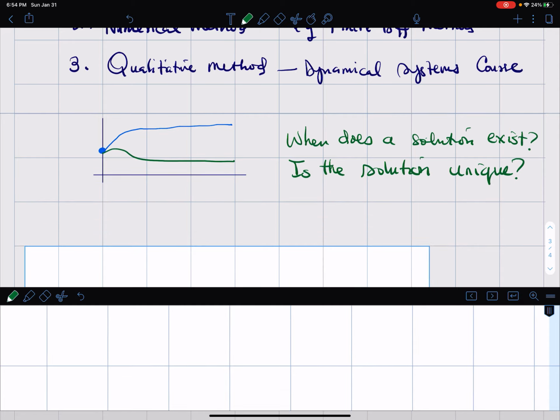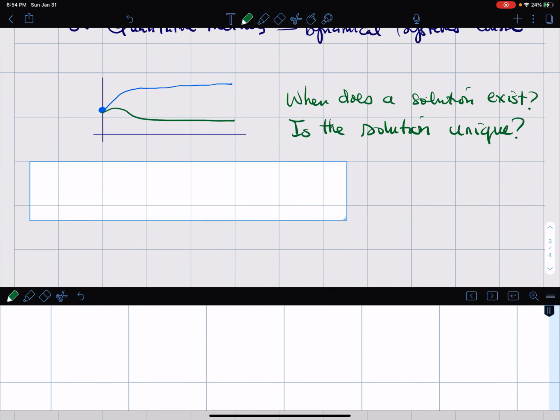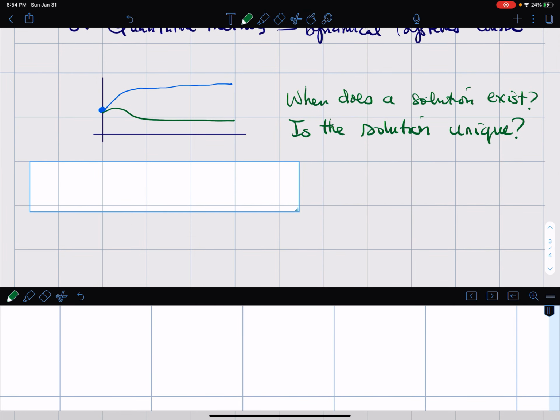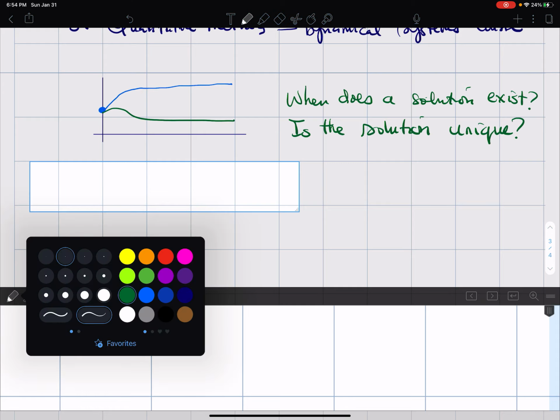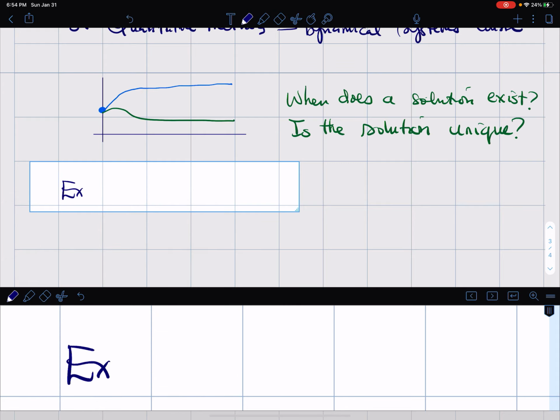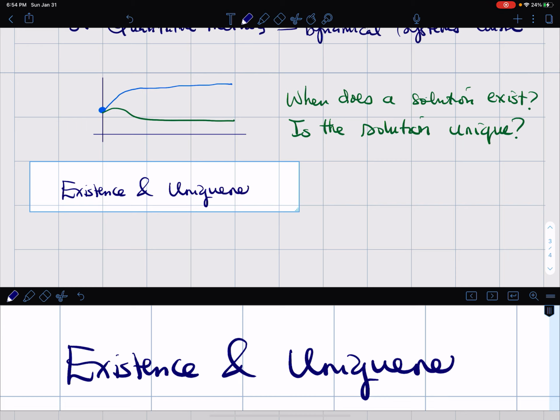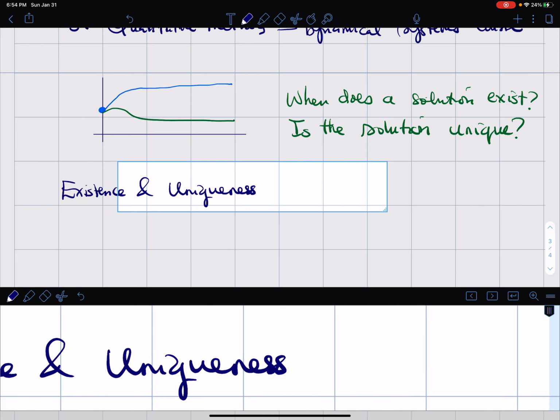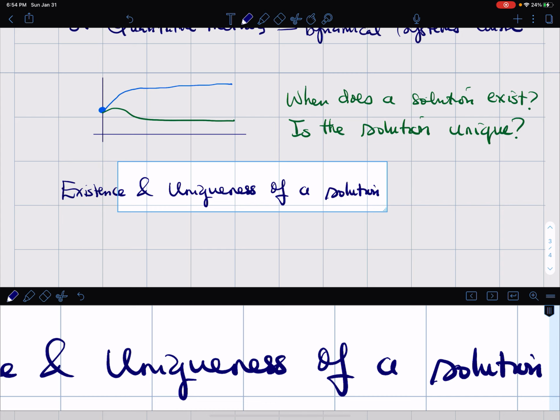So let's do an example here. We're going to be talking about existence and uniqueness of a solution.